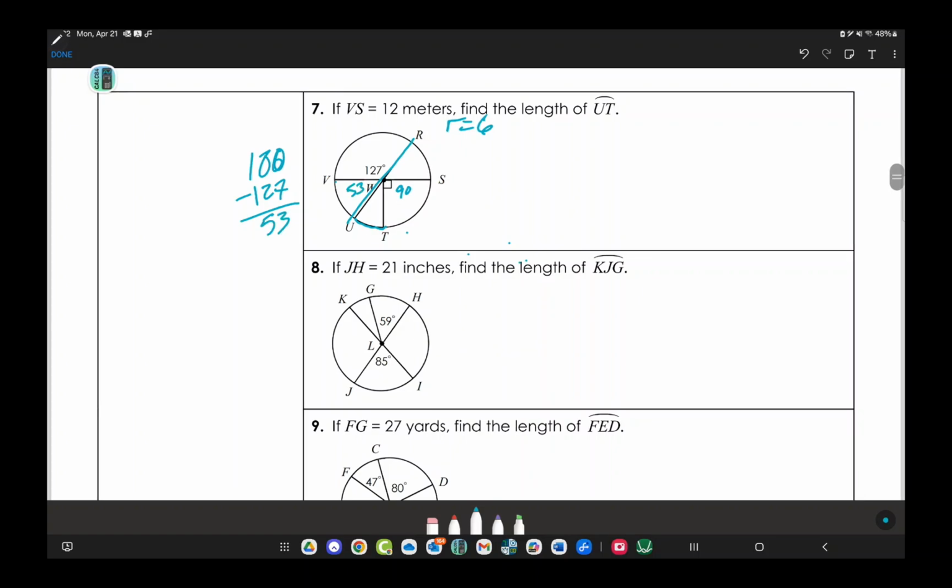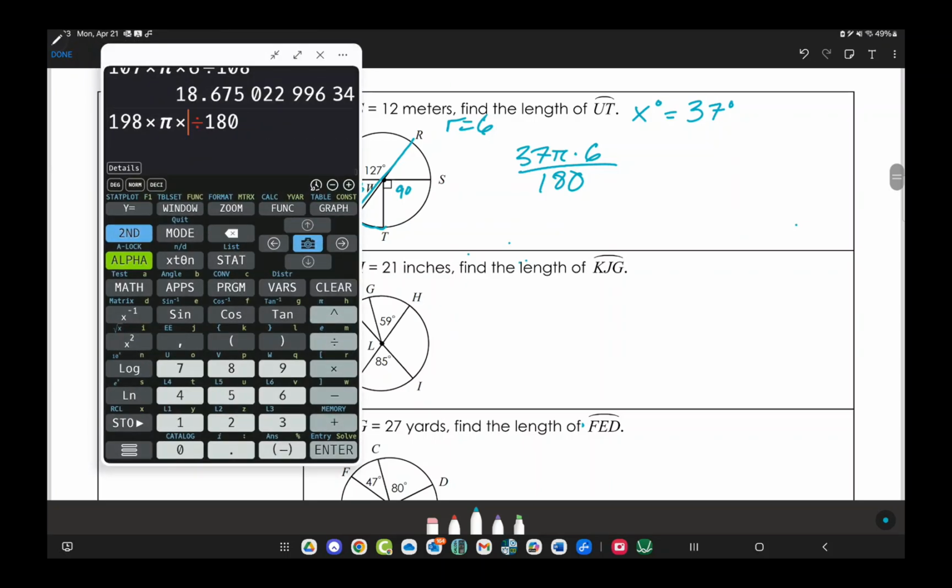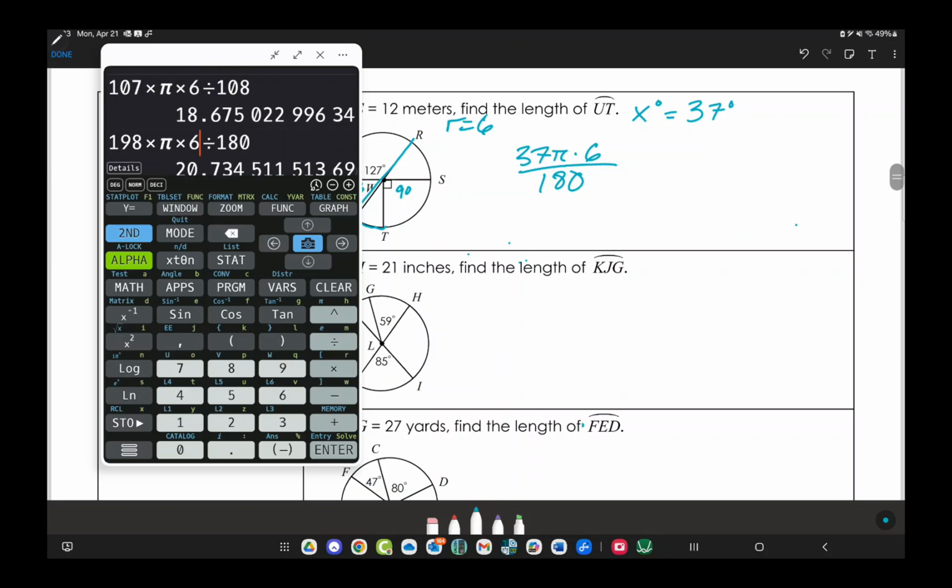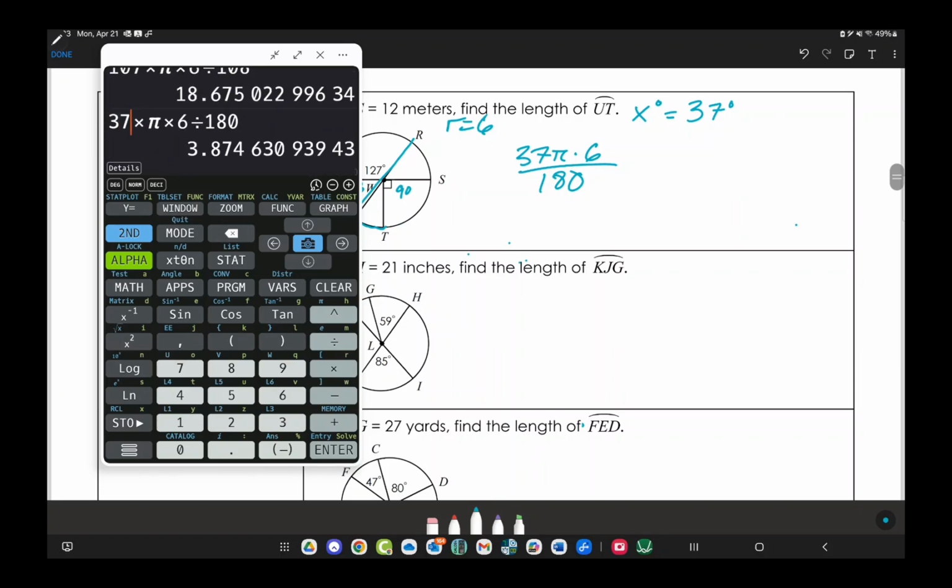Which makes the arc measure for UT, the angle, we'll say x, 90 minus 53, which is 37. So 37 times pi times 6 over 180 gives you 3.87 meters.